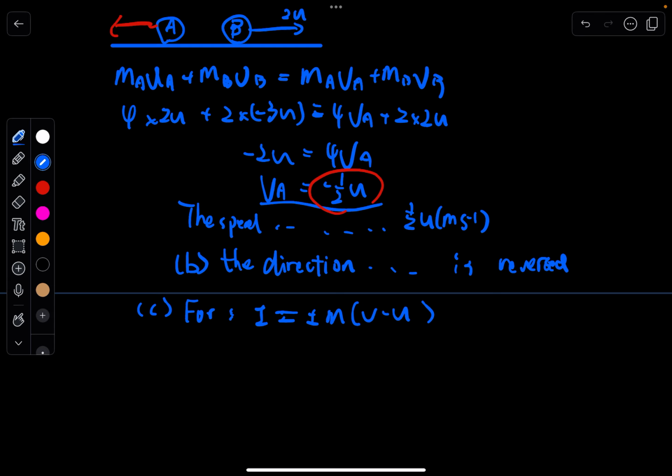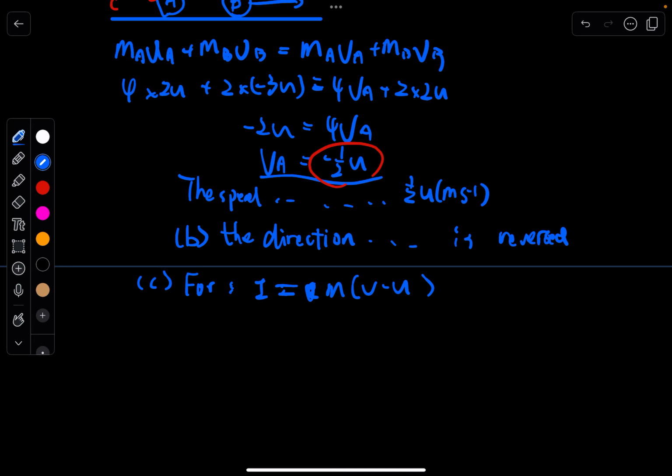Yeah, this is the formula. I don't think you have to write plus or minus actually. So it's 2 and then 3 minus negative 2. So that is 2 times 5 equals 10.